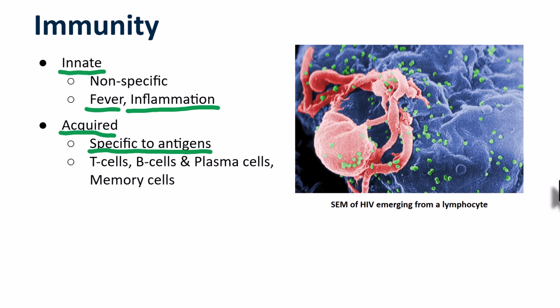Acquired immunity is carried out under the purview of lymphocytes, so T cells and B cells, cell derivatives such as plasma cells, and either memory T cells or memory B cells. Here we can see a rather interesting example of a scanning electron micrograph of HIV, human immunodeficiency virus, emerging from a lymphocyte. The HIV here is in green.